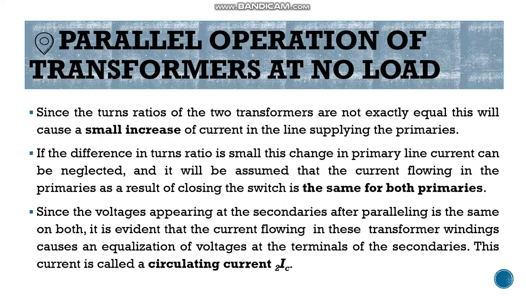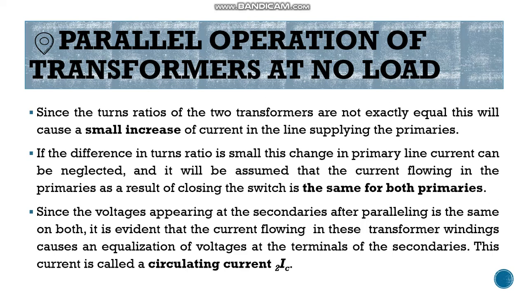Since turns ratio of two transformers are not exactly equal, this will cause a small increase of current in a line supplying the primaries. If the difference in turns ratio is small, this change in primary line current can be neglected, and it will be assumed that the current flowing in the primaries as a result of closing the switch is the same for both primaries.